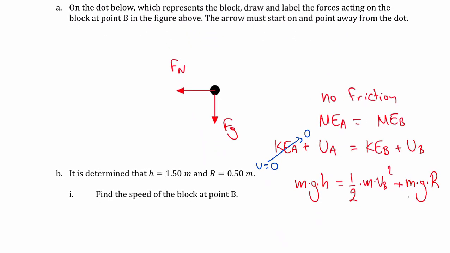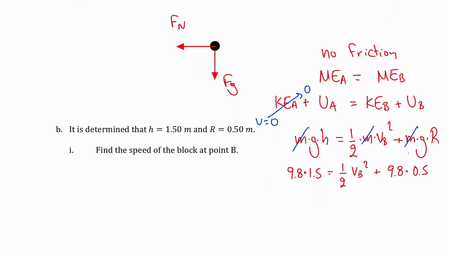Now in this equation, the m can be cancelled, and what we have is, let's consider 9.8 the value of g, 9.8 times the height, which is given, 1.5, is equal to half velocity B to the power of 2 plus 9.8 times the radius, which is 0.5.